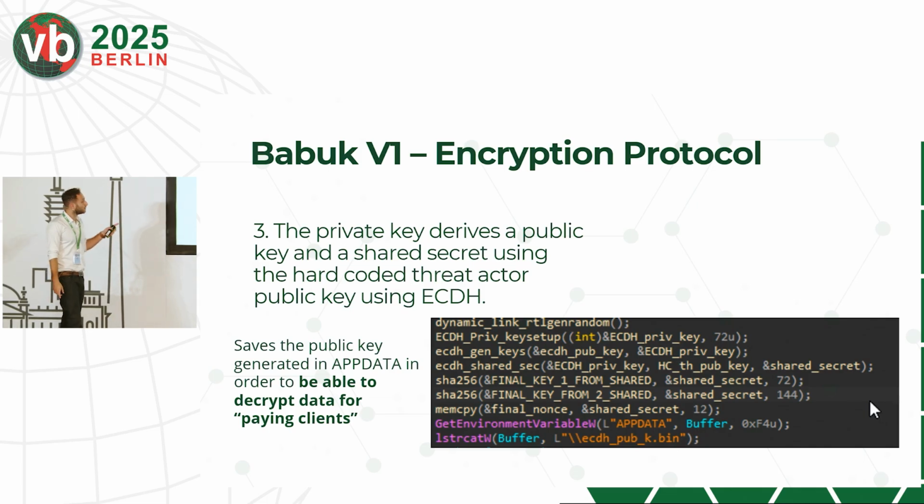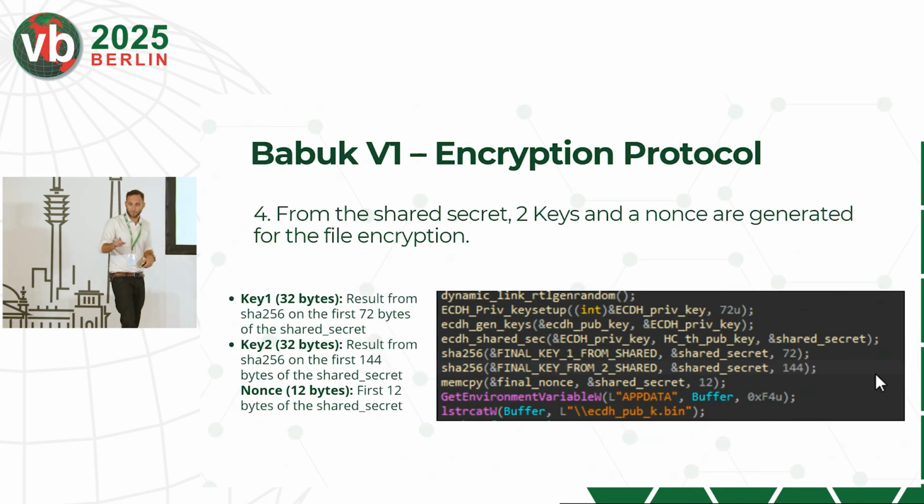It saves this into the app data, because, as we said, the ransom operator, the threat actor, has to get this public key when he wants to decrypt. With that public key and his private key, he will generate the shared key, and then he can decrypt data for his paying customers. I love this phrase, paying customers, for ransomware victims.